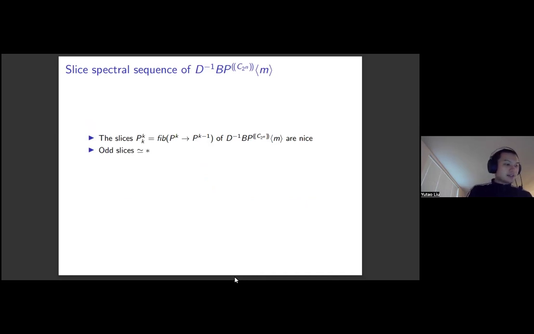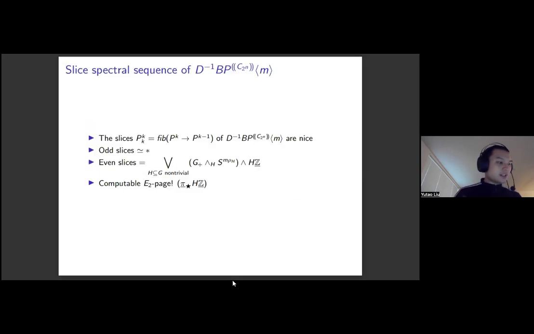The odd slices are always trivial, while the even slices are always wedge sums of suspensions of HZ, the Eilenberg-MacLane spectrum with constant Z coefficients, which means we can compute the E2 page by the homotopy of HZ, or part of the homotopy of HZ, which are completely computable.